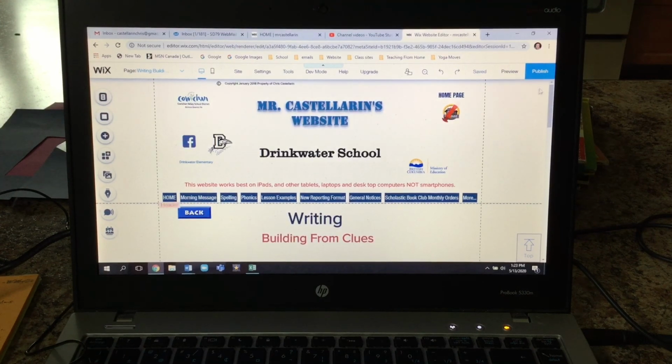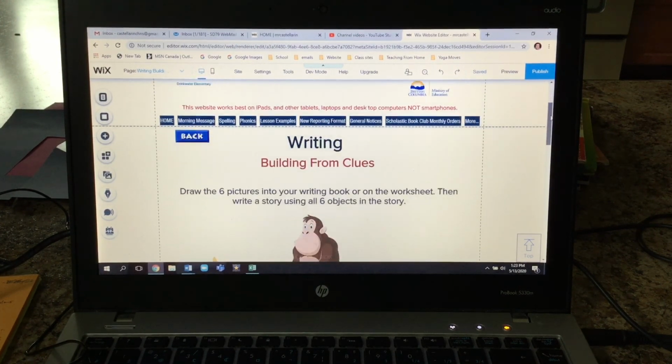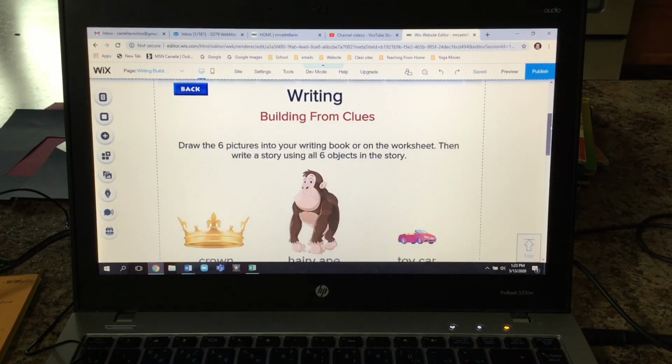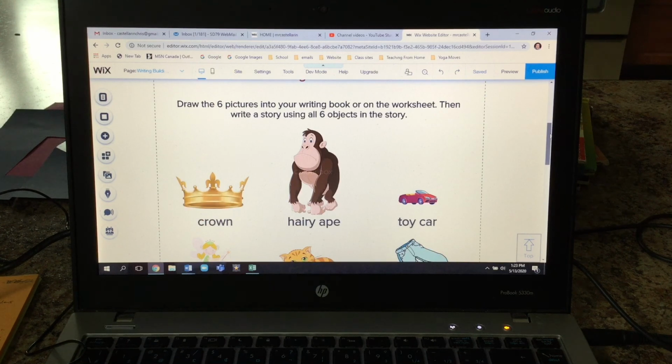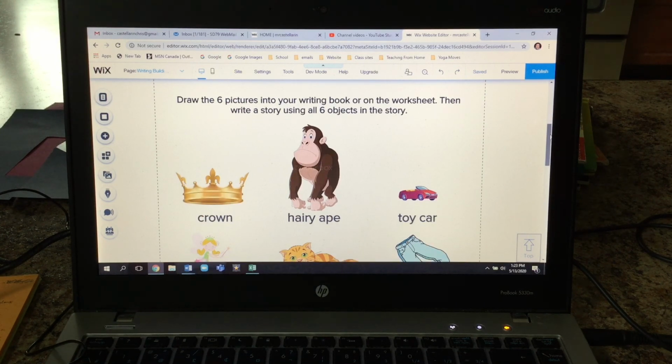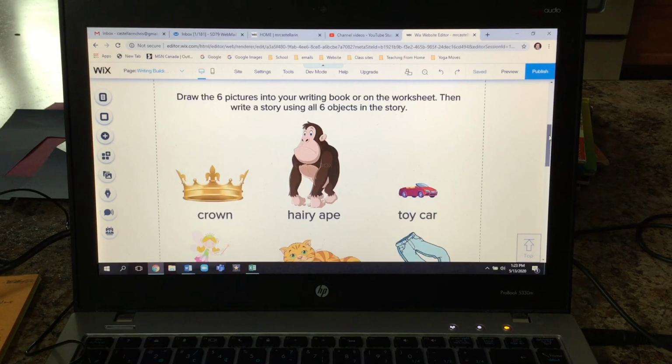So once you're ready to begin, you can also head over to my website and check out the page on writing building from clues, and you're going to draw those 6 pictures into your writing book or on a worksheet, and then write a story trying to use all 6 of the objects.